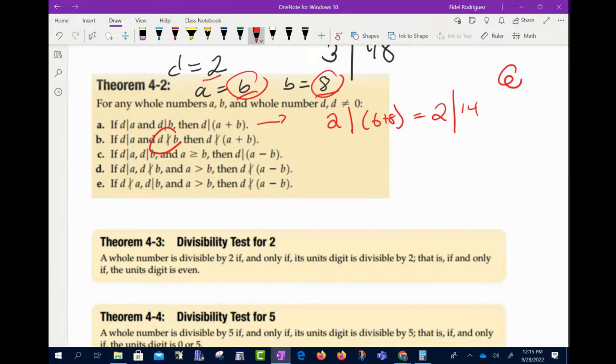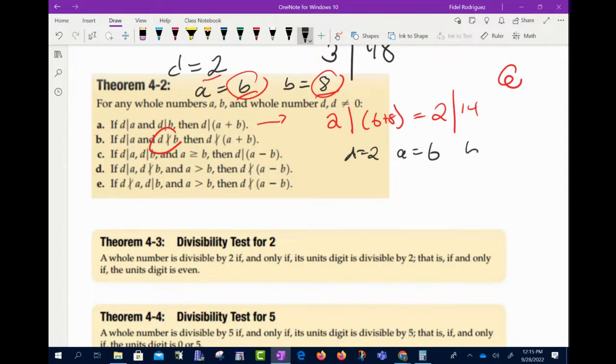Okay, so it says if D divides A and it does not divide B, then it's not going to divide the sum. So let's think about this for a minute. Again, y'all, for part B, I'm going to think of my number D as still 2. I'm going to think of my number A as, say, 6.